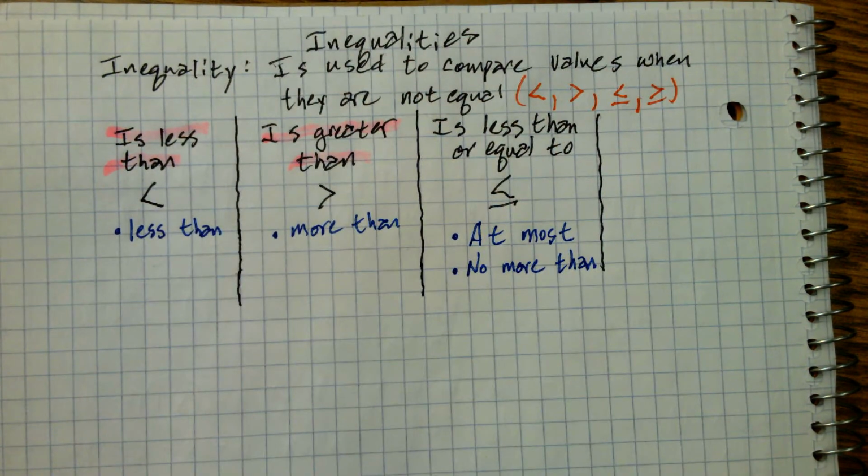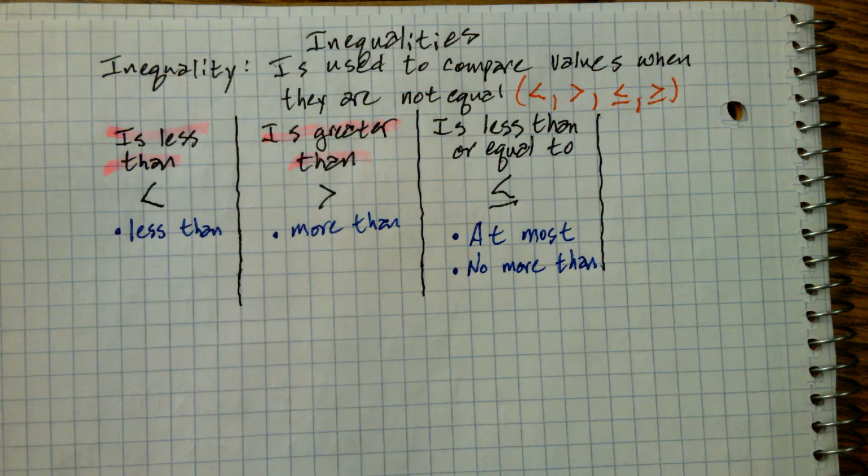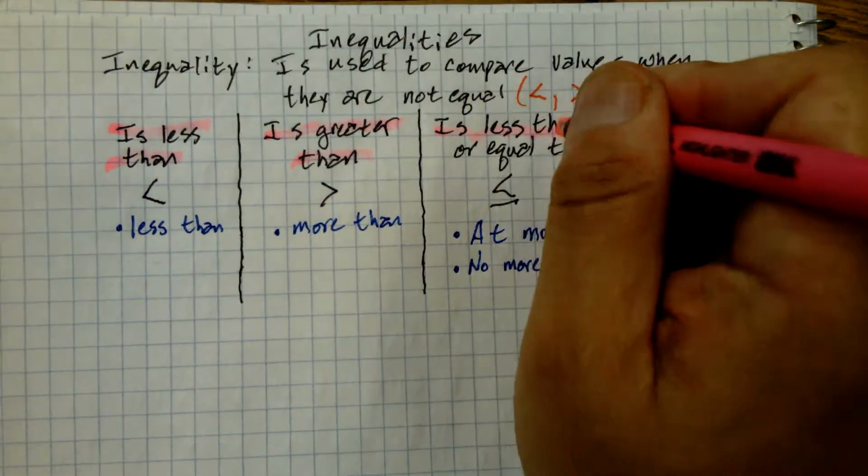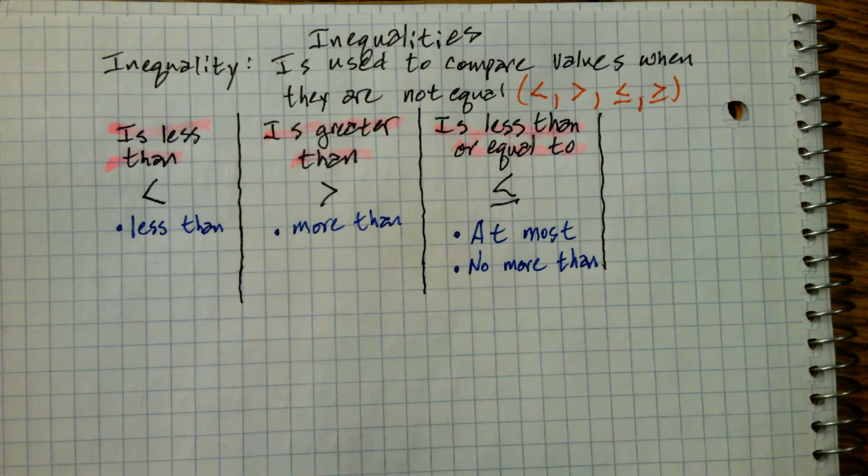What's the last one? We have is less than, is greater than, is less than or equal to, is greater than or equal to.